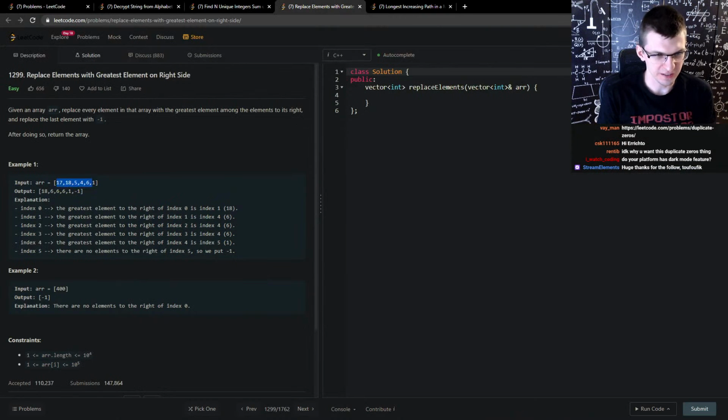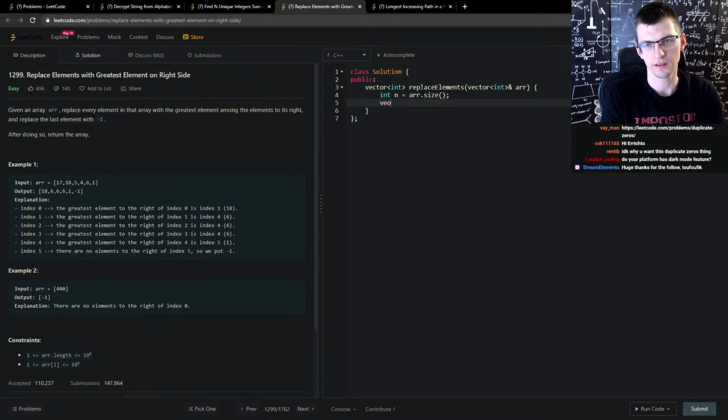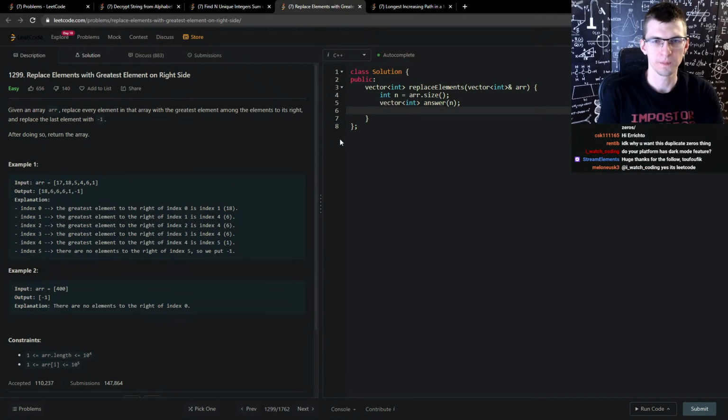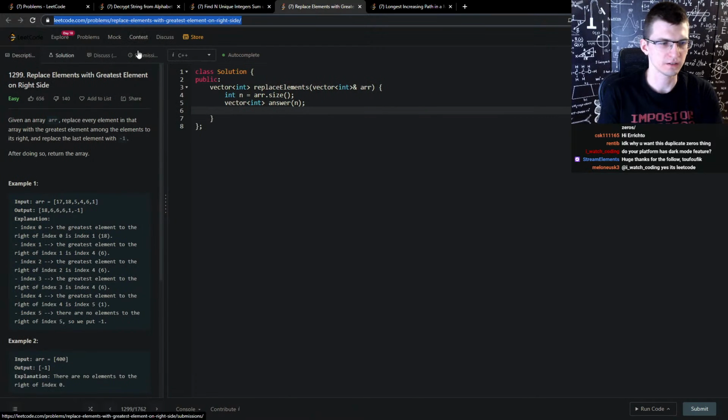So here, given an array for every position, so like for 4, we need to find the biggest element on the right. So in this position, we need to find what's the maximum among 6, 1. And of course, there's a brute force, like this.